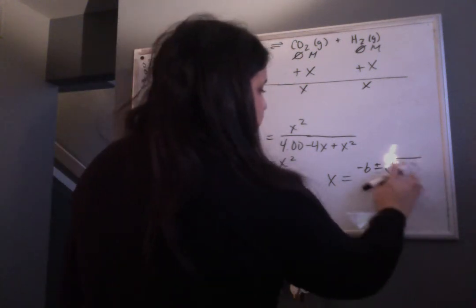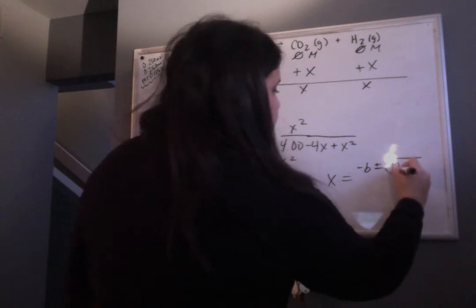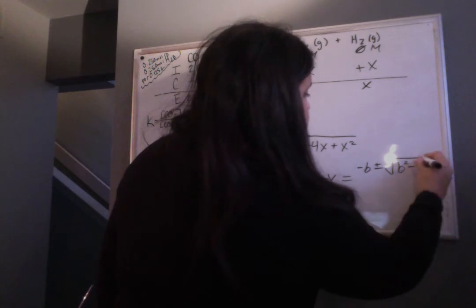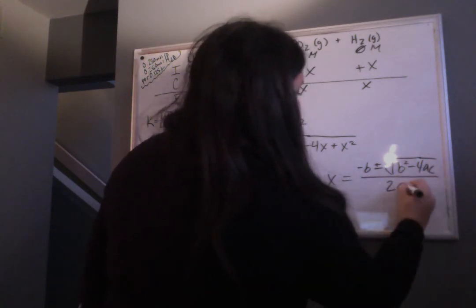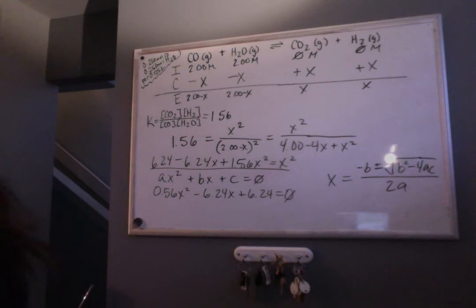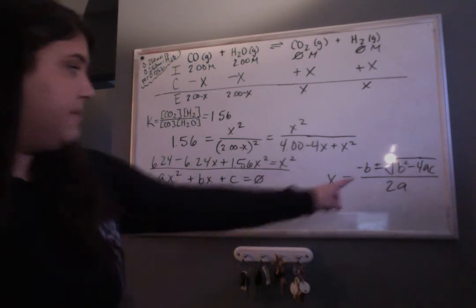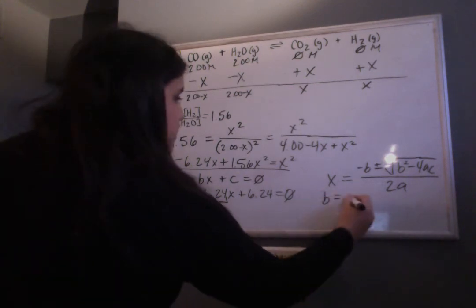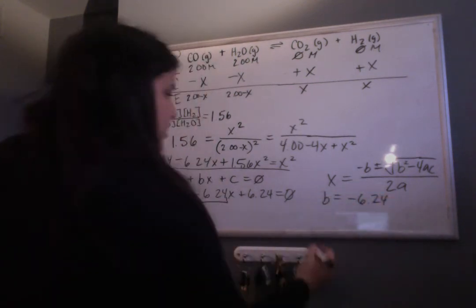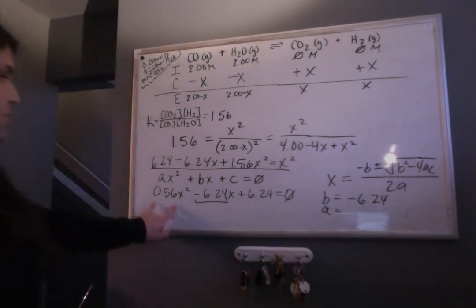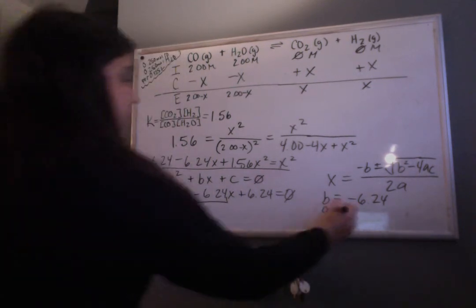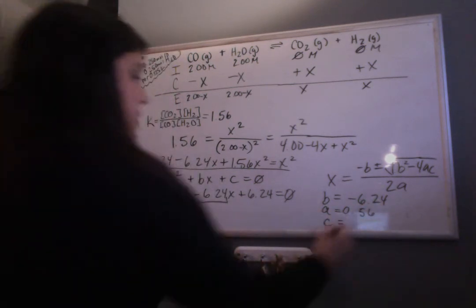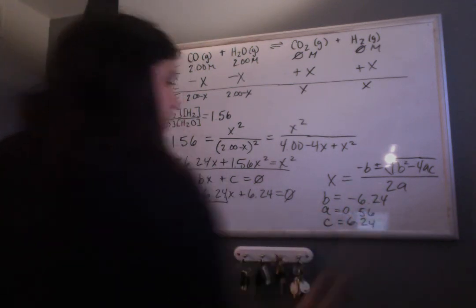This is why I'll be giving you guys the quadratic formula on the exam. So x equals negative b plus or minus the square root of b squared minus 4ac, all over 2a, yeah? Beautiful. Using this formula, my b is equal to negative 6.24, a is what's in front of x squared, which is 0.56, and c is equal to a positive 6.24.